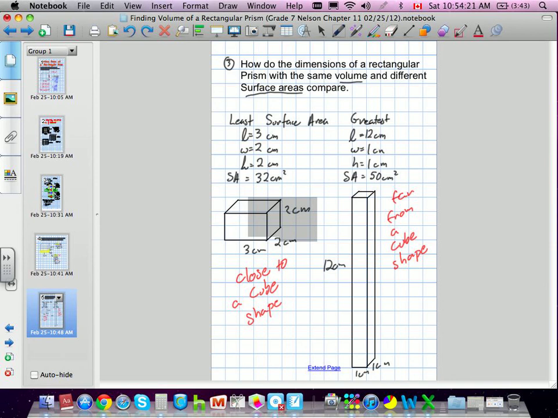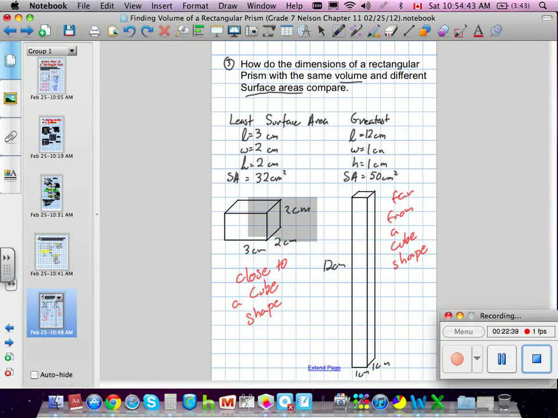If we found something like, do you know what a three-dimensional circle is called? A sphere. If we had the volume of a sphere, and I can't really draw a sphere on here, I'm not that talented, but if we had a sphere, and its volume was 12 centimeters cubed, its surface area would be even smaller than a cube. It's the one that'd be a little better, okay? But for what you guys are going to do, the cube will be the most efficient one, okay?